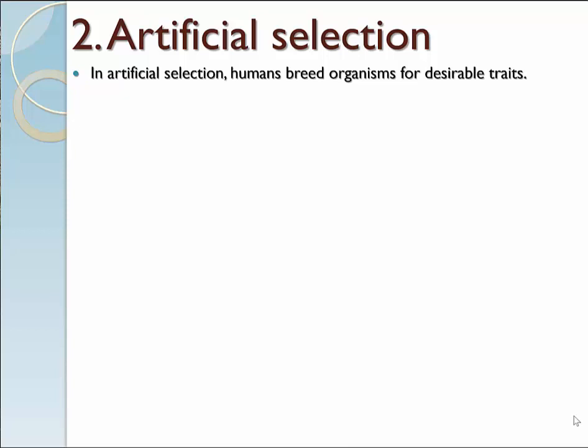This could be for traits that are beneficial to humans, for example, more nutritious, more tasty foods, animals that produce more milk or more meat or whatever. But it may also be just for traits that humans find pleasurable.